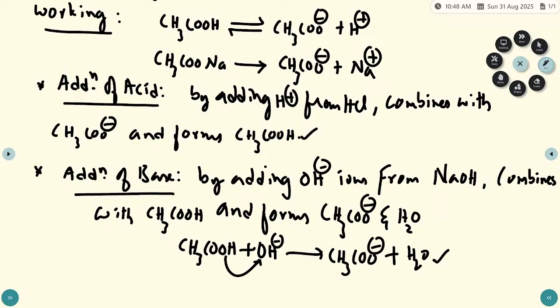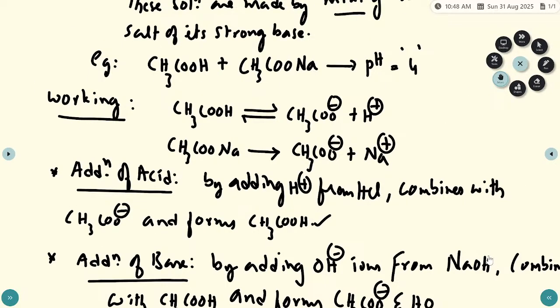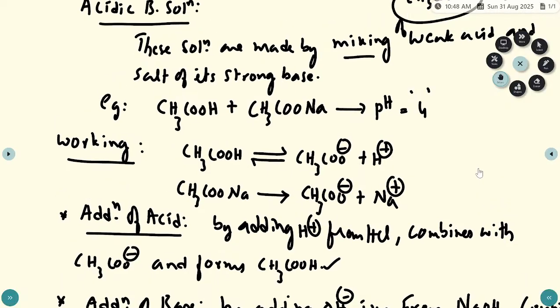So next, basic buffer solution. What is basic buffer solution? So let us see basic buffer solution. How can you prepare basic buffer solution? How can we prepare the acidic buffer solution?